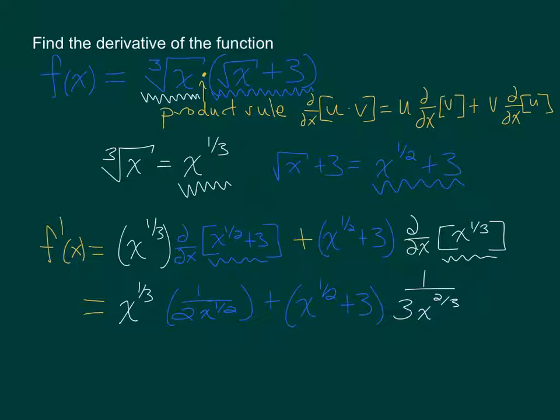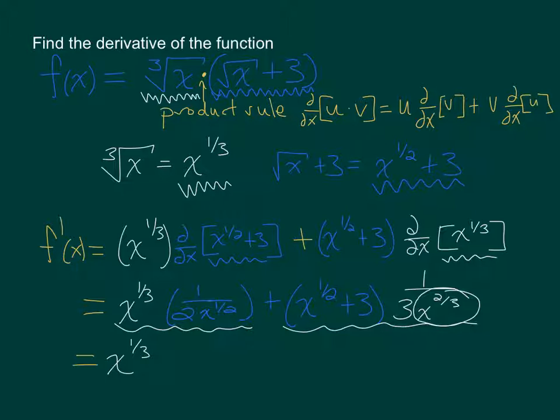One thing we can do to clean up this expression is factor out an x to the 1/3 power from this term and from this term. And how that helps us is that when we factor out an x to the 1/3 power, this x over here in the denominator will turn into an x to the first power.